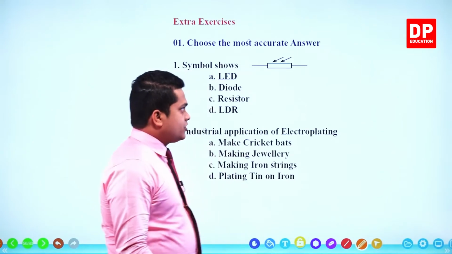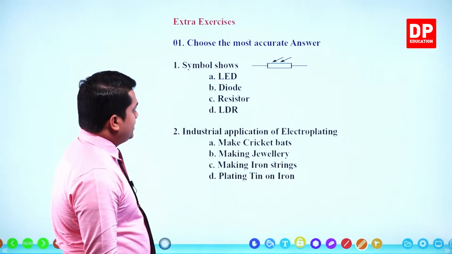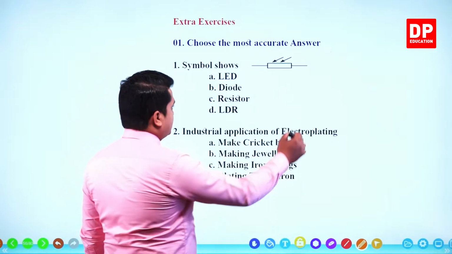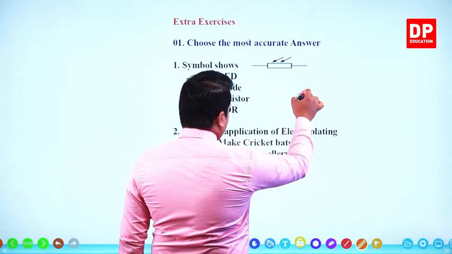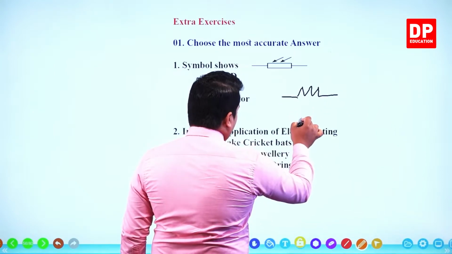So, the first question you are given is a circuit symbol. Now, you know that this is a circuit symbol for a resistor. For the circuit symbol for a resistor, we use this symbol or this one.